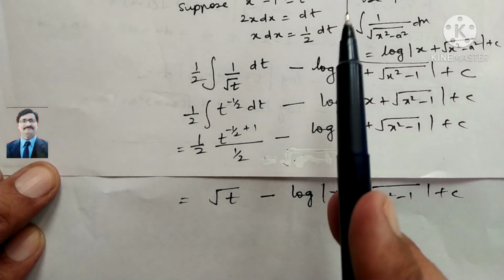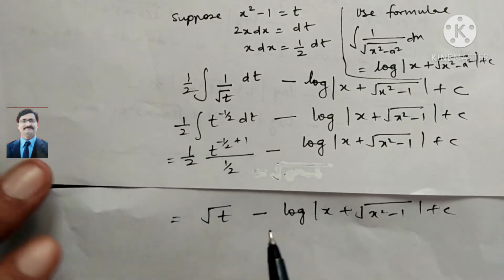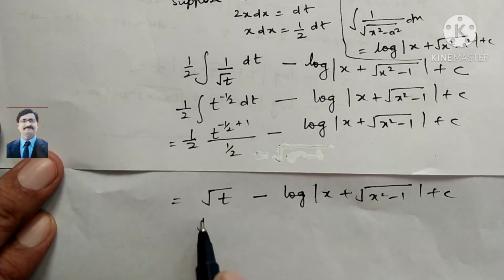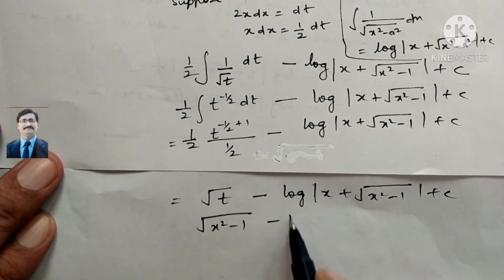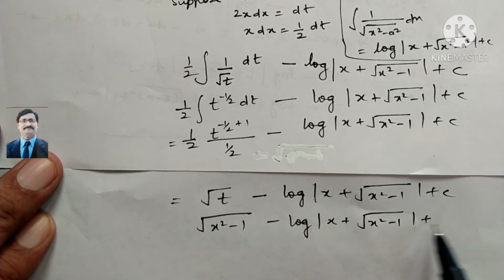The halves cancel, and we get root t, minus log of x plus root of x square minus 1 plus c. In place of t we put the value x square minus 1. So we get root of x square minus 1 minus log of x plus root of x square minus 1 plus c. This is our answer.